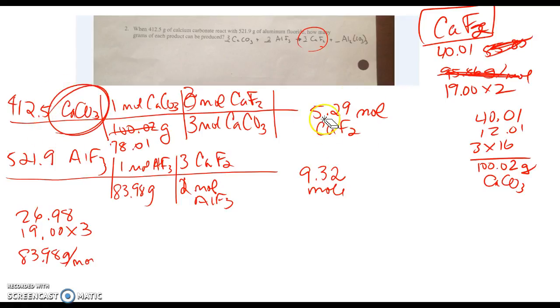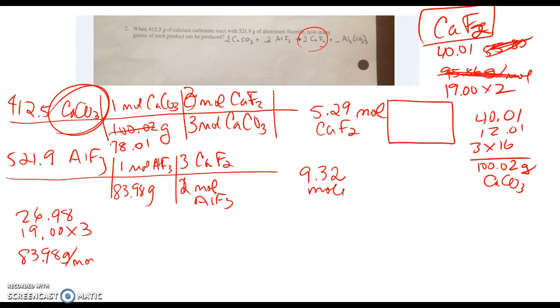So now, see, my eraser doesn't work anymore. That's too bad. So now if I have this many moles, I'm going to figure out grams here of CaF2 made. I'm going to go back and use the original equation because I don't want to lose any decimal places.